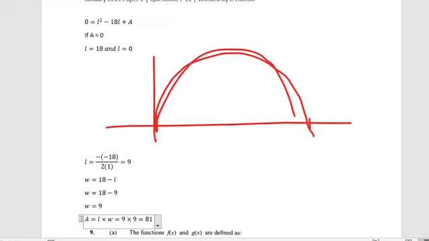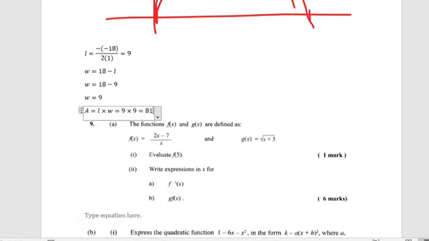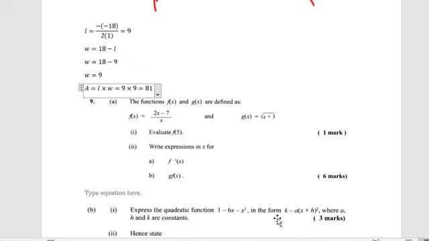So for a perimeter of 36, our area will be 81, and our length and width would be 9 and 9 respectively. And that is it for question 8.